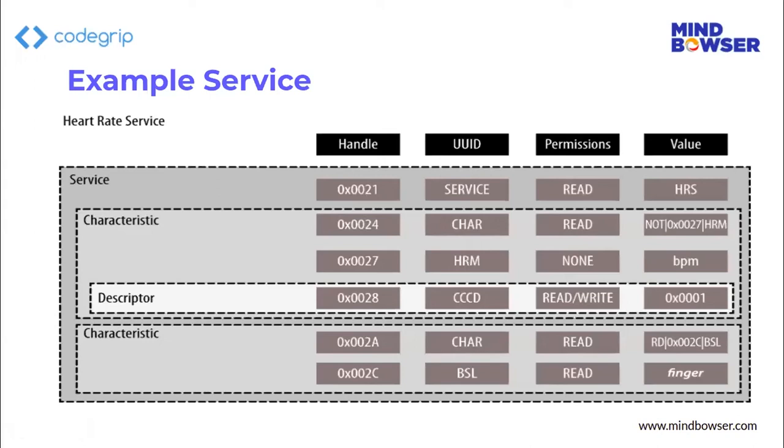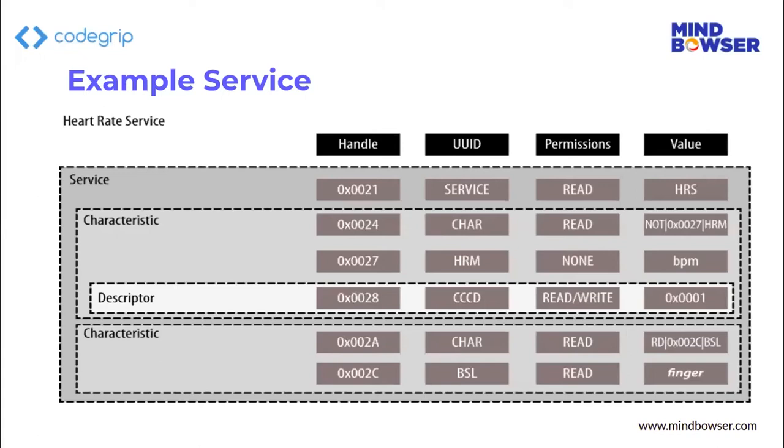The third is permission. Some characteristics have read permission or write permission, some don't want to share data so they have no permission, and some have indicate or notify permission. The attribute value is a human-readable value which contains the metadata for the particular characteristic.